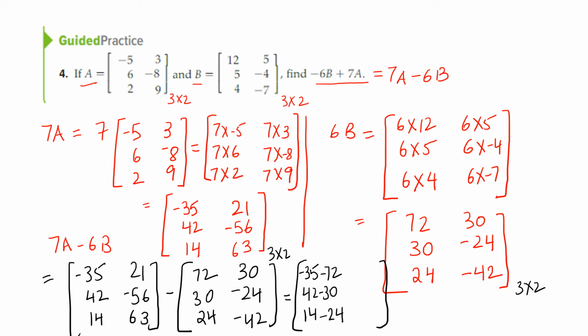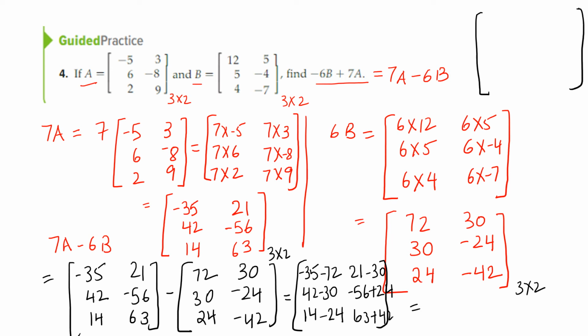So that's the first column. Let's write the second one. 21 minus 30, negative 56 plus 24. Now why have I written plus? Because there are 2 times negative, so it changes to positive. 63 again plus 42. The final matrix, I don't have space here, so I'm going to write the final answer here.